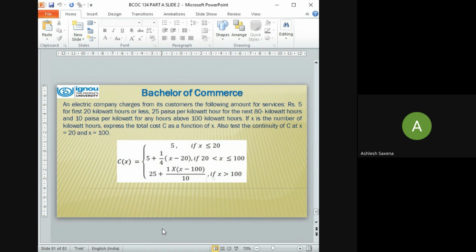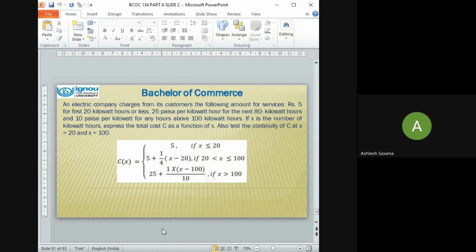That means if you use 20 kilowatt hours or less in the billing period, you will be charged a fixed amount of rupees 5. Correct? Now the second line is 25 paisa per kilowatt hour for the next 80 units, 80 kilowatt hours.